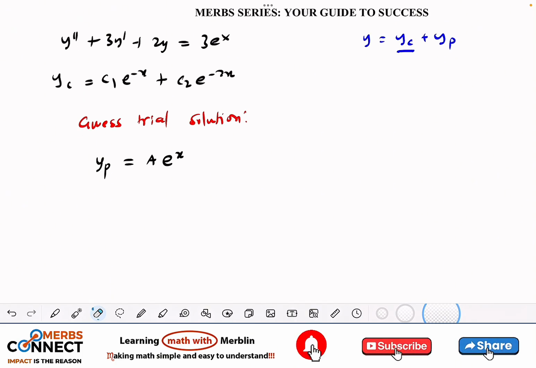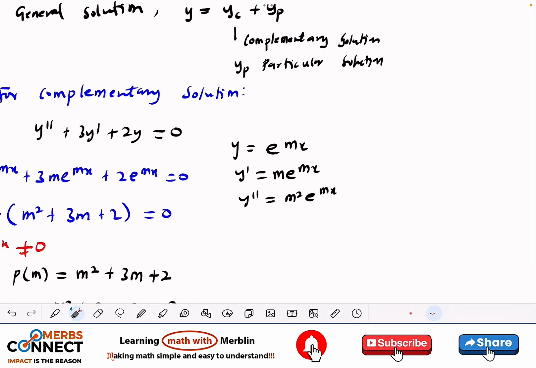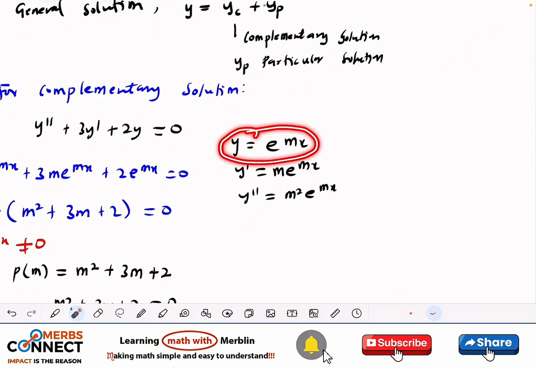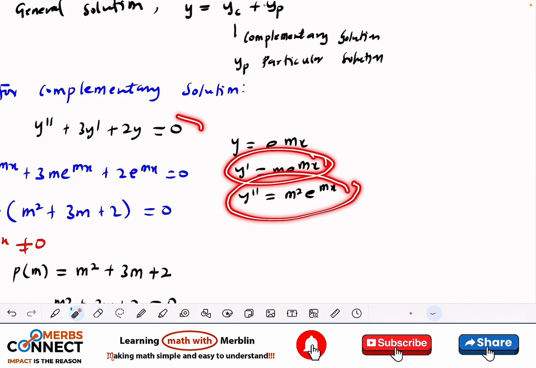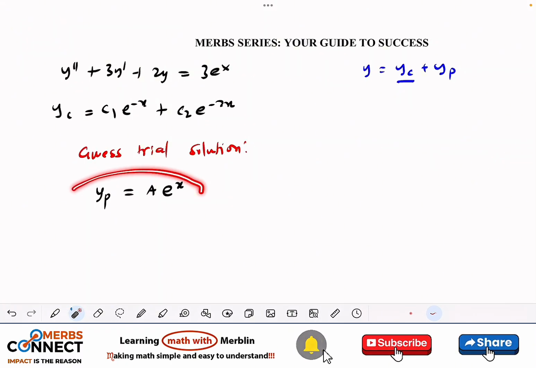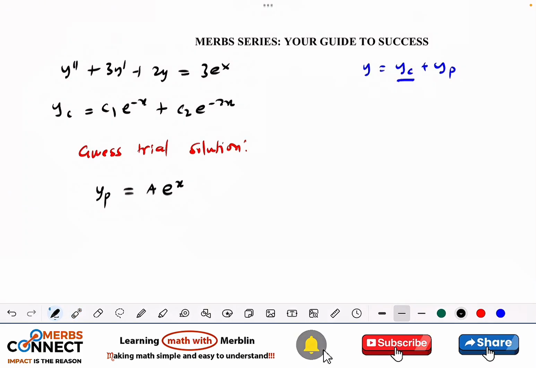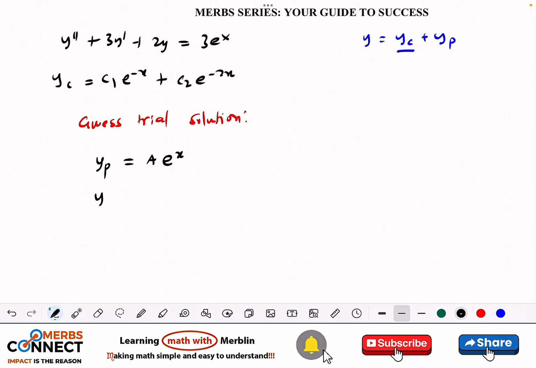Good. So now that we've gotten the trial solution, this is like y, like what we started from earlier. When we had y, what did we do? We differentiated it, and we plugged it inside the homogeneous equation. But here we are going to differentiate it and plug it inside the non-homogeneous equation. So when I differentiate this, y prime gives me the same thing.